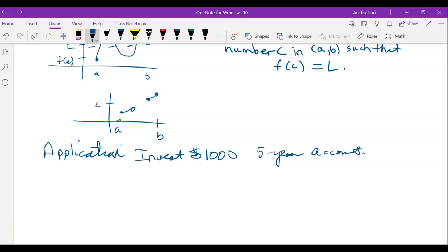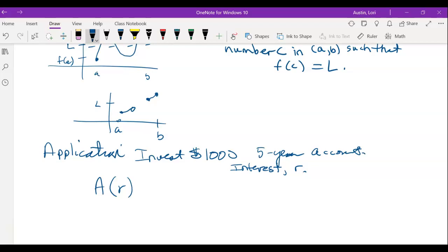Your function, the amount of money A, let's call the interest rate R. That's going to be our variable, because the amount of money you're going to have is dependent upon that interest rate. Time is fixed, do you notice? Time is just a 5-year account. So the amount of money A is going to vary depending on what the rate is in this particular problem.